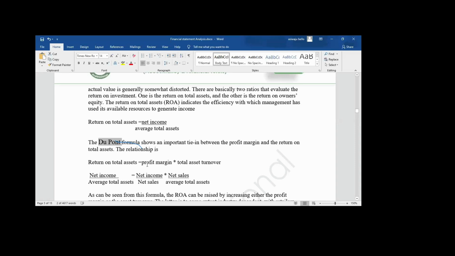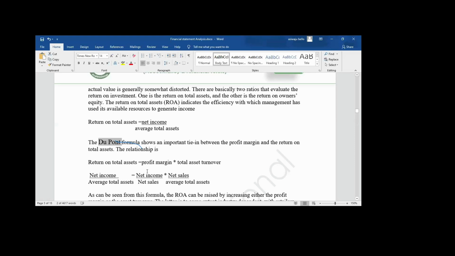This is equal to what? What's our profit margin? Profit margin is the net profit over sales. Asset turnover is computed as sales over total assets. If you look at this now, we are going to get return on total assets.